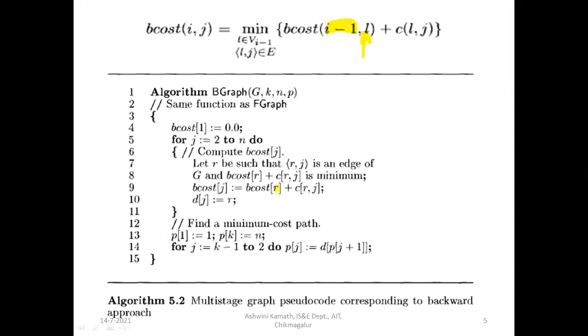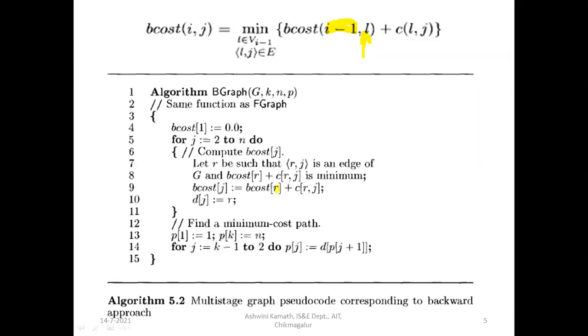To find the minimum cost path, it is the same again: p of 1 is equal to 1, p of k is equal to n. The first vertex and the last vertex are already stored. Then for j is equal to k minus 1 to 2 do. There it was from 2; now it is from k minus 1. p of j is equal to d of p of j plus 1.